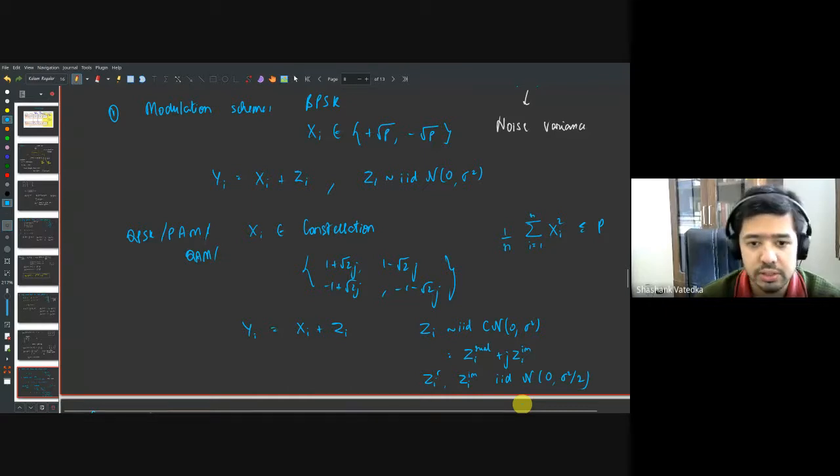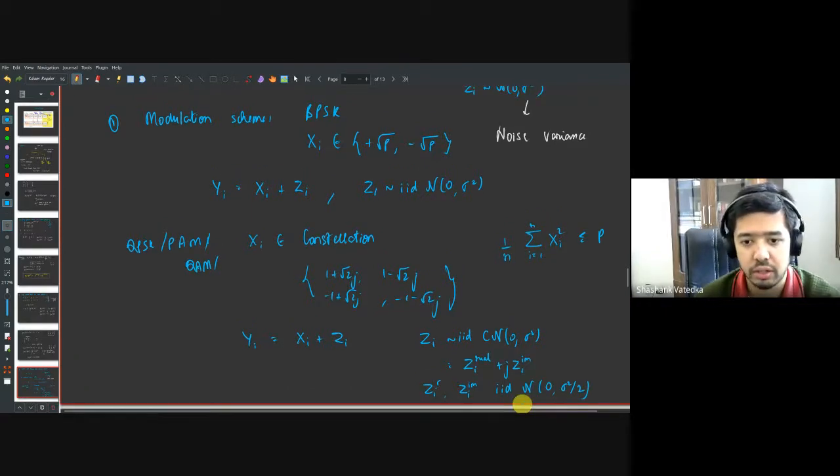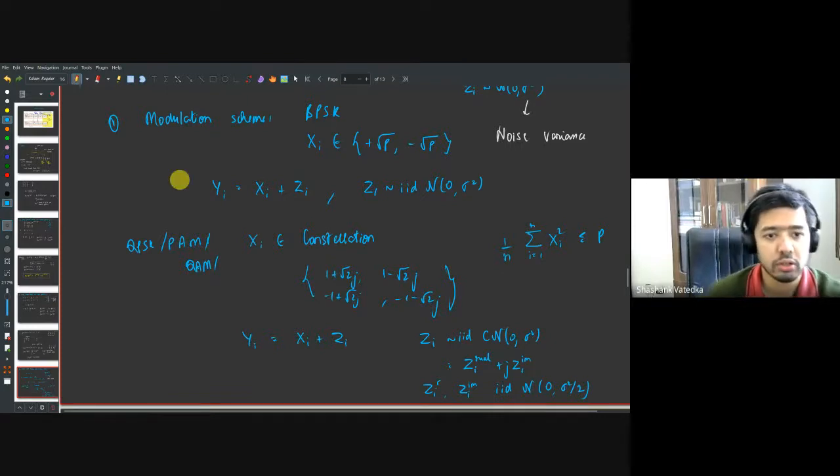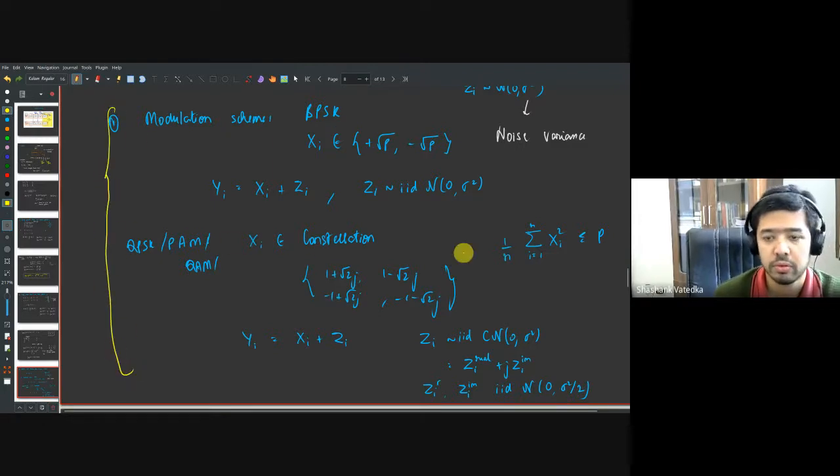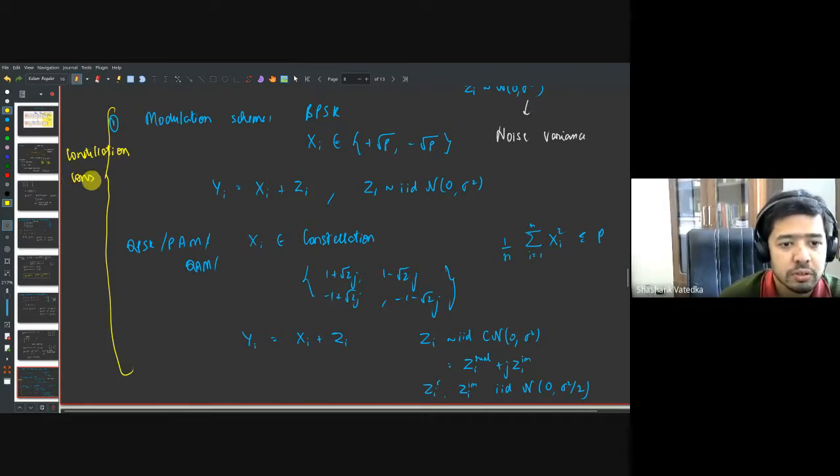Okay, so this is an example of what is called a constellation constrained AWGN channel.